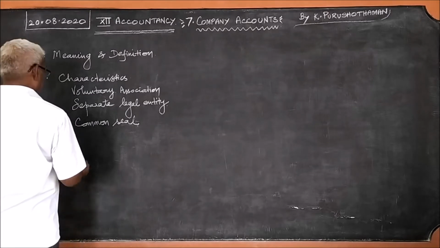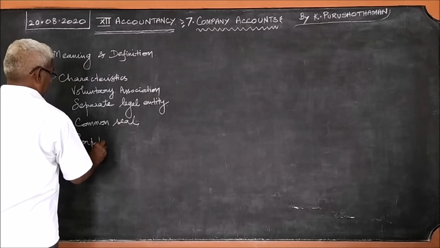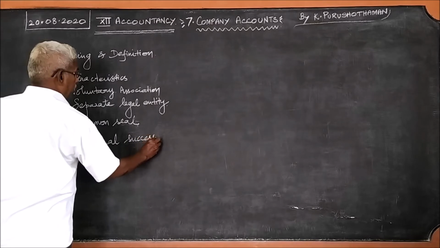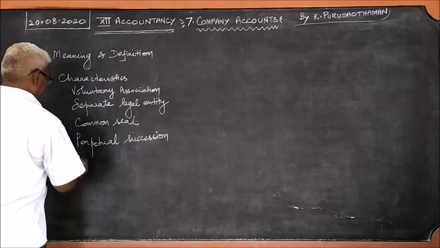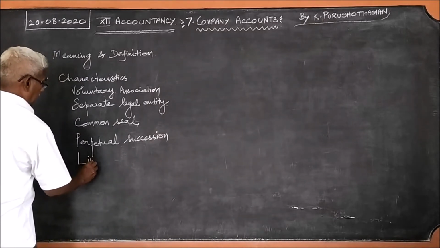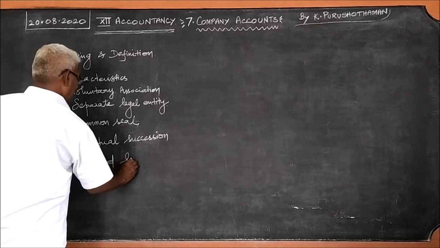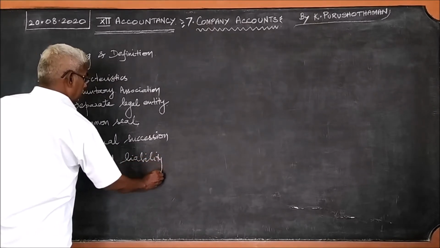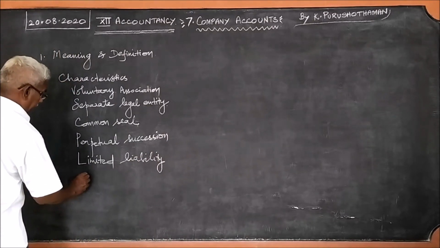The fourth one, perpetual succession, then limited liability, and the last one, transferability of shares.